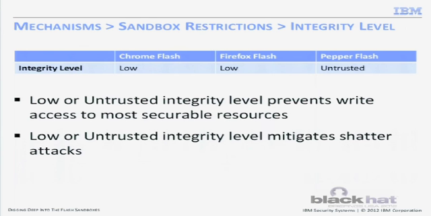For the integrity level, Flash runs as untrusted, while Chrome and Firefox Flash run as low integrity. This prevents write access to most securable resources because most of the securable resources in the Windows system have a medium or higher integrity level.